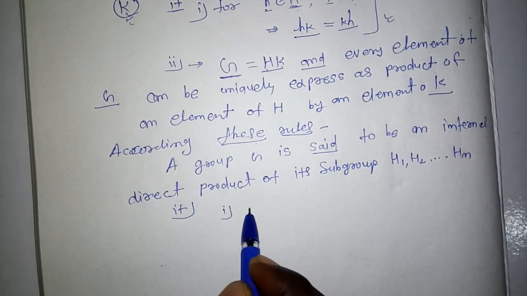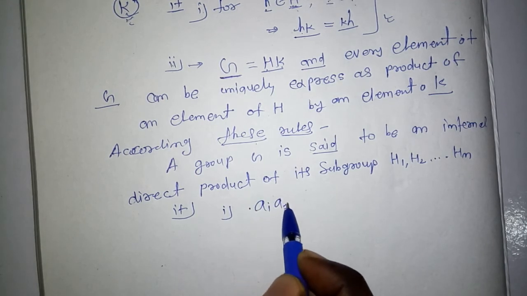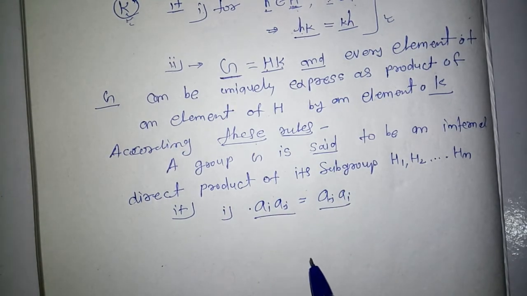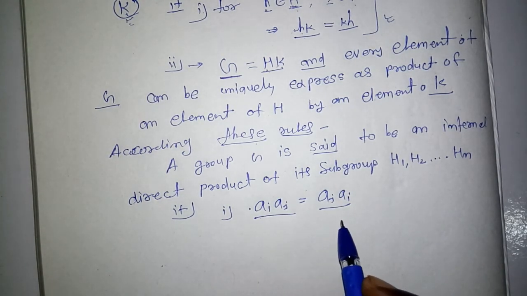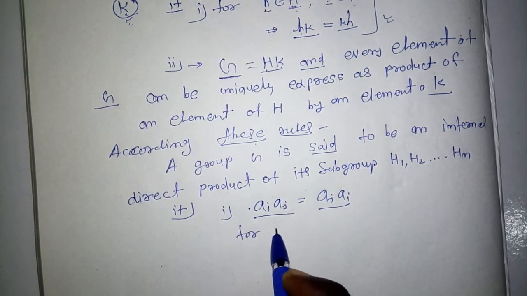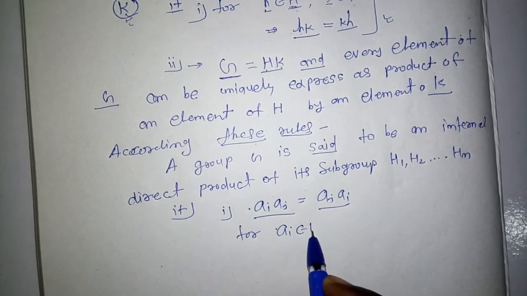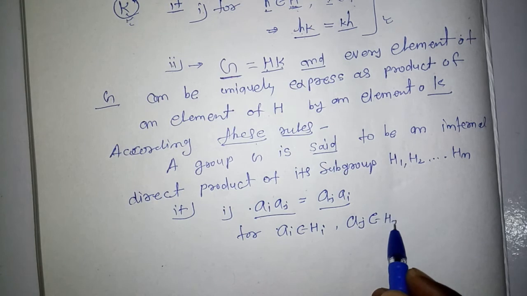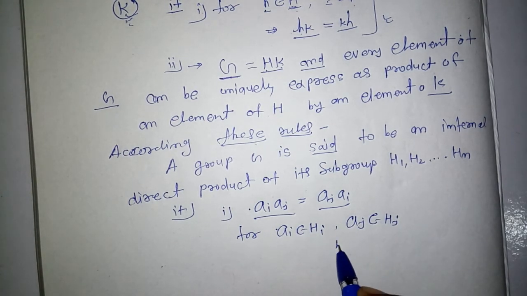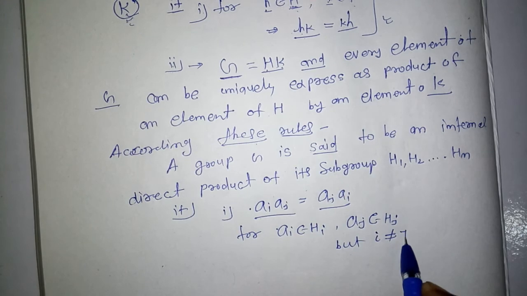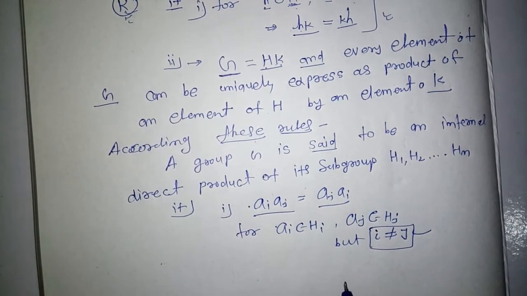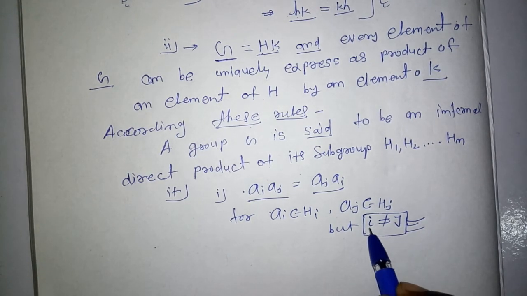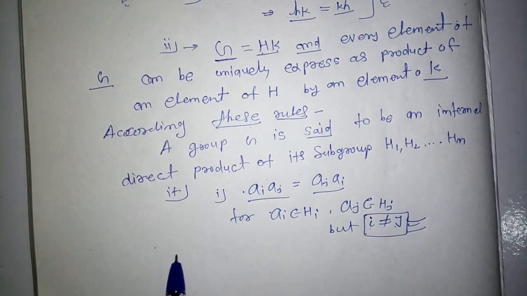First is ai aj is equal to aj ai. Okay students, this follows here the associative law. For ai belongs to Hi and aj belongs to Hj, students, but the condition i is not equal to j is applied here, students. Look here carefully, and this is very important. Okay, i is not equal to j.